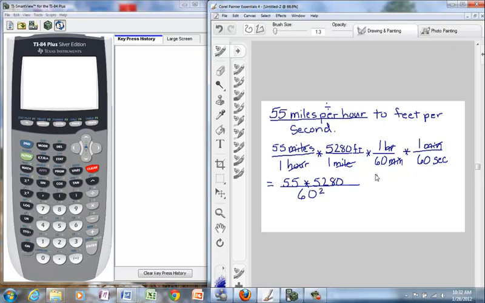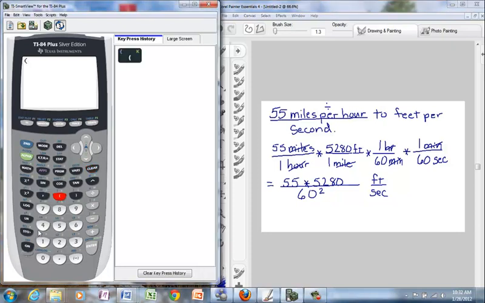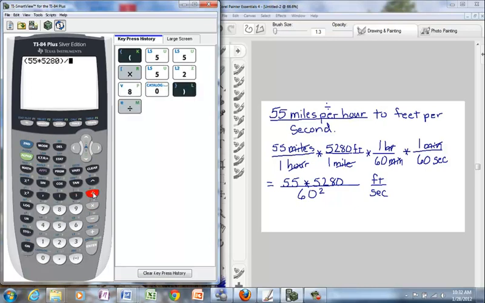And my units that were left over were feet in the numerator over seconds. So my answer, and again, don't forget to group because we've got a fraction here. So there's the top. And the denominator.